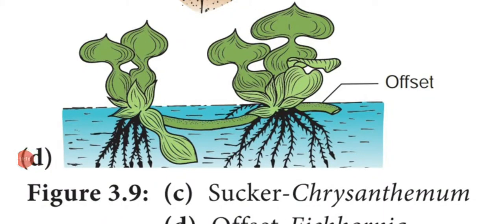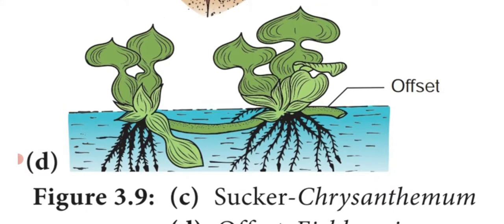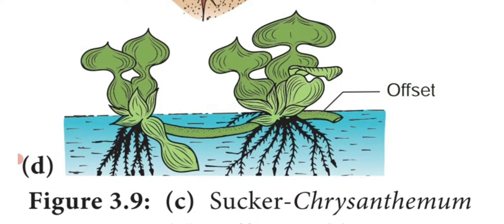Dear students, see the diagram. This is the example of aquatic plant offset, that is Eichhornia. In Tamil it is known as Vengaya Tamarai or Agaya Tamarai. See that one, this is the aquatic plant living in the water. The stem which grows horizontally on the inner side of the water, which is green in color, is known as offset. And the lateral stem arising from the main stem shows a short distance.